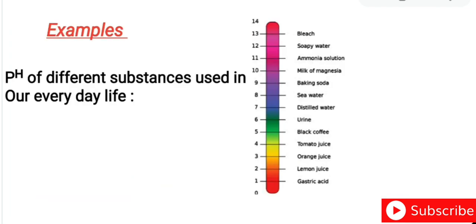You can see here the pH of different substances that we use in day-to-day life. The lemon juice has a pH of 2 and is acidic in nature. Orange juice, tomato juice and black coffee are also acidic, with a pH of about 5, slightly acidic. You can see the milk of magnesia we use when we have gastric problems, when we have acidity.